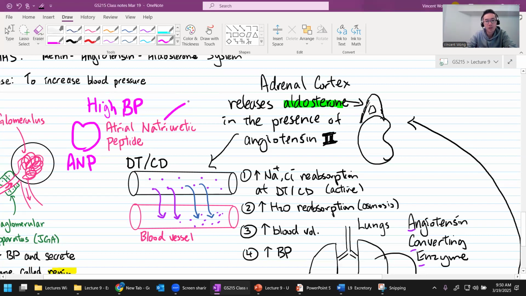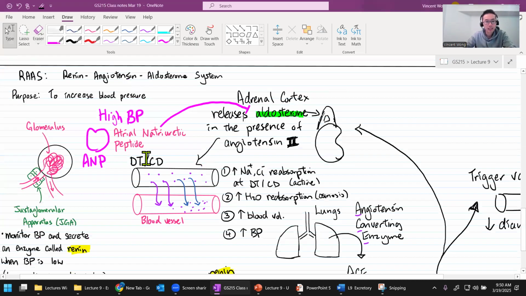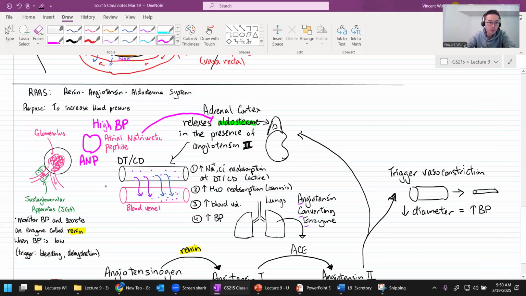Number one, it is going to block. Okay, whenever we draw an arrow with a line at the end, it means to block it. Okay, we're gonna draw a lot of these later on in the hormone lecture. So we're gonna block the aldosterone. Okay, and at the same time, it is going to actually block the renin as well. Okay.